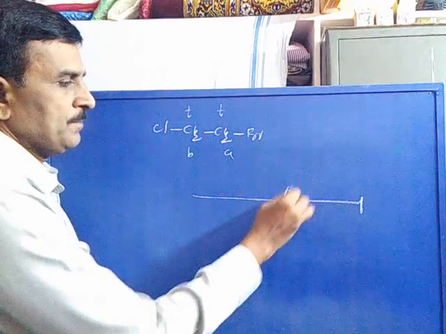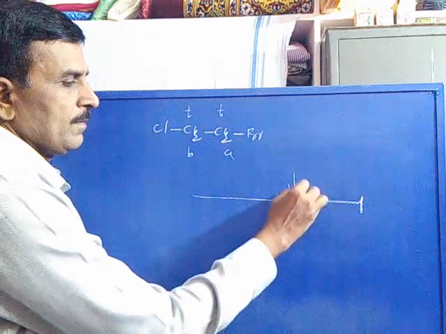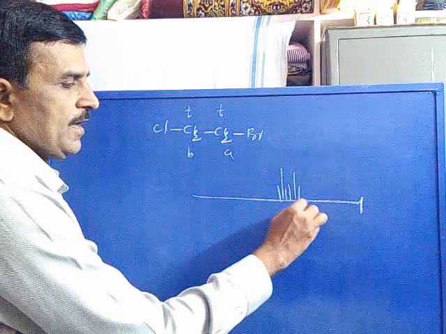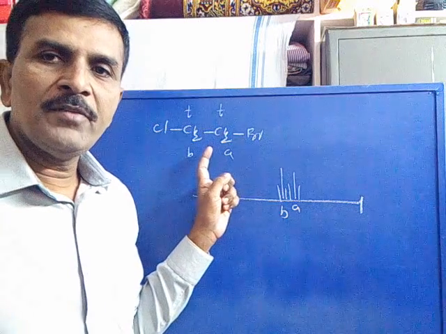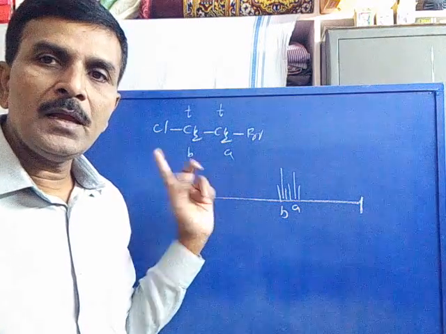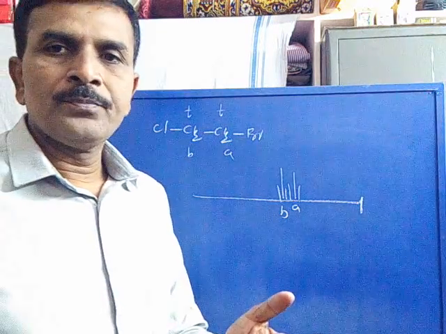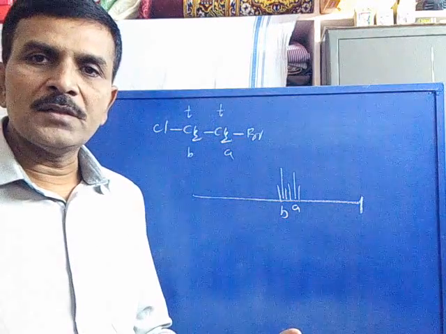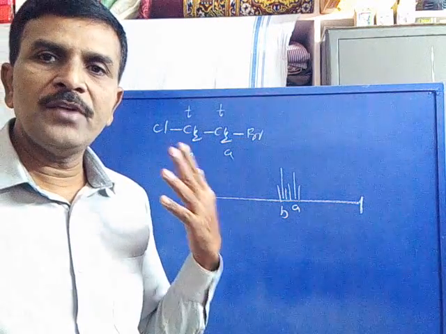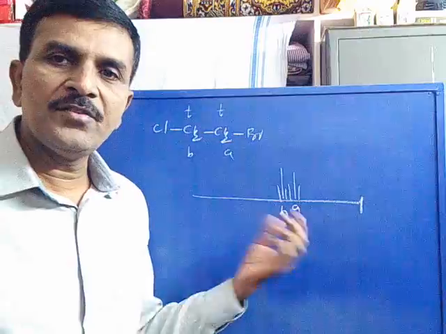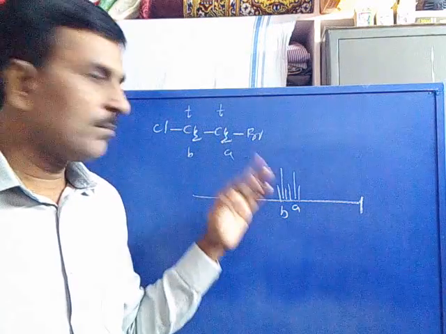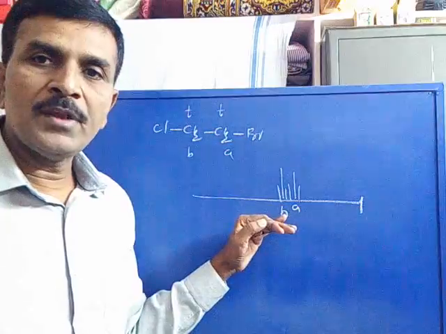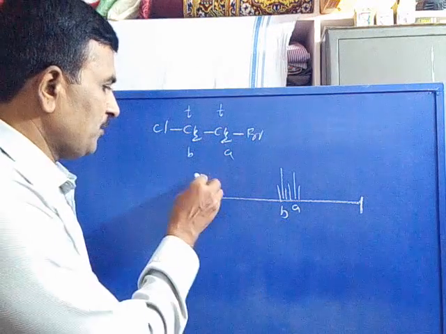Now you can see A and B. The frequency difference between carbon A and carbon B is very small. Therefore, the two triplet signals related to the two carbons might be overlapped in the spectrum. This is the SFORD spectrum.